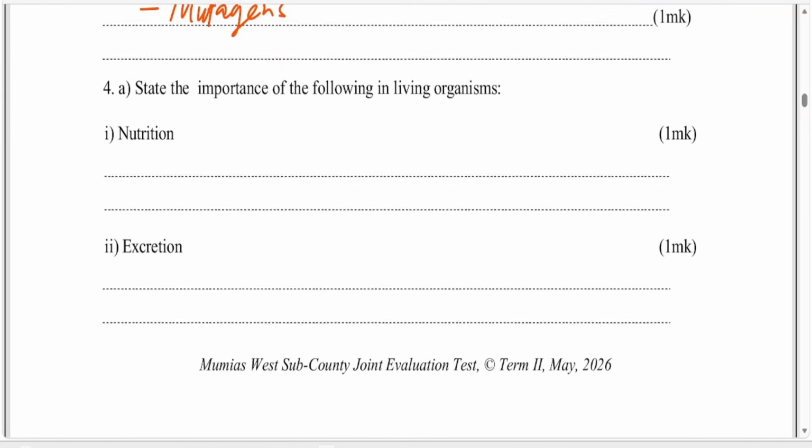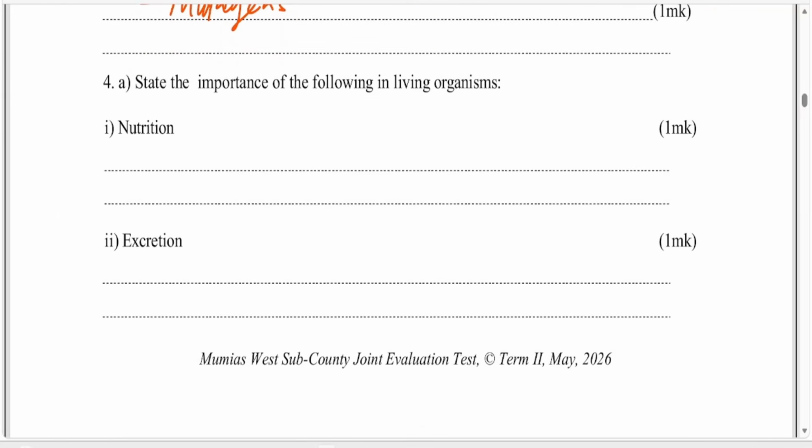Number 4, state the importance of the following in living organisms. This is one of the questions that is wrongly interpreted by most of the students. We are being taught to state the importance of these characteristics of living organisms.